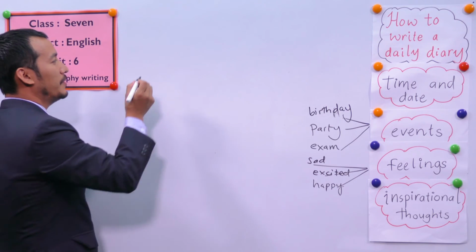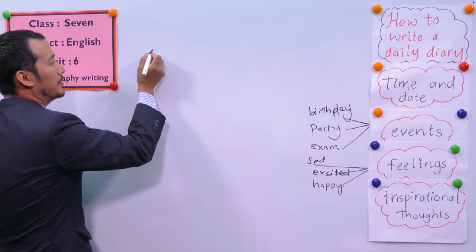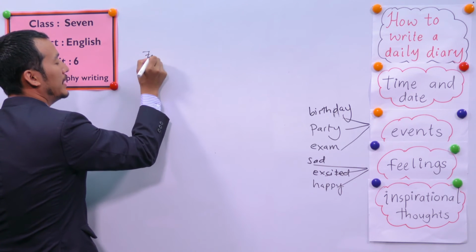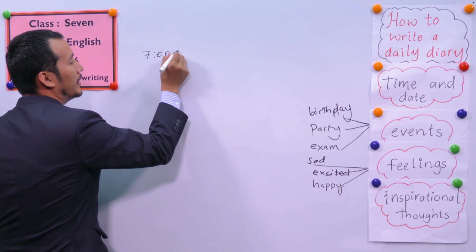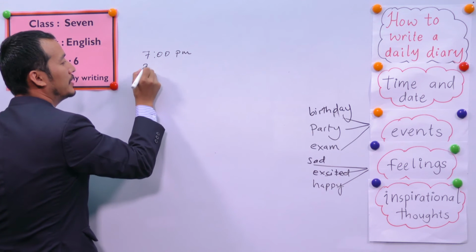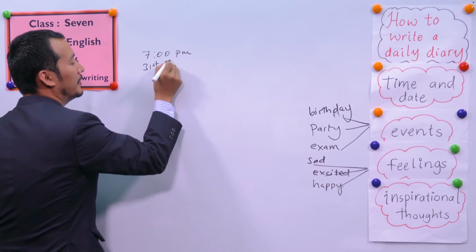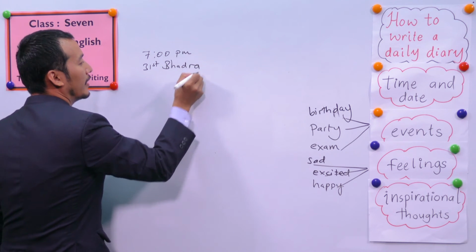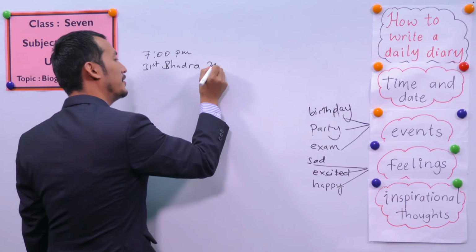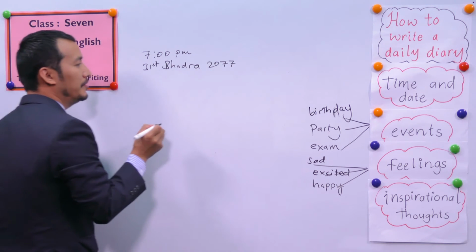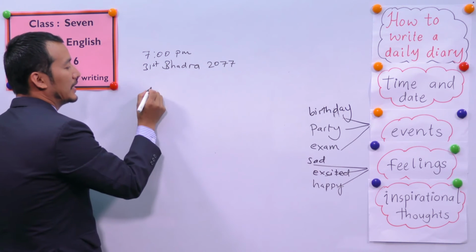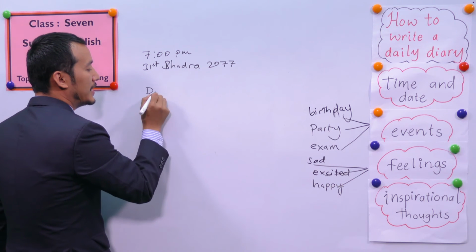Well, students, first you have to begin with date or time. For example, you can say 7 p.m. in the evening, and you can say 31st Bhadra 2077, and you can address your diary as well, or you can simply start.